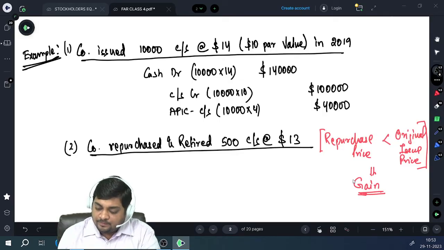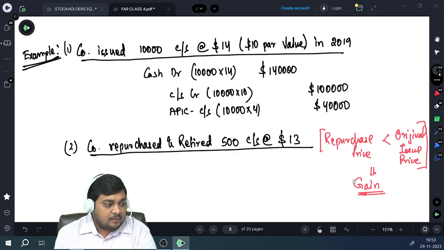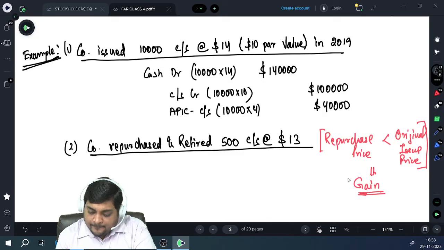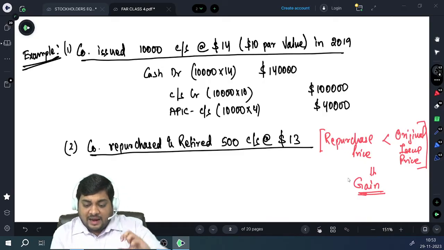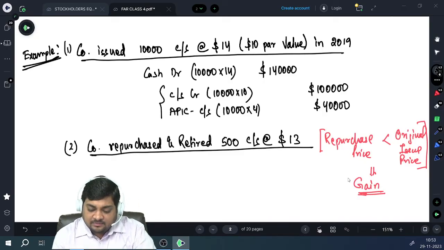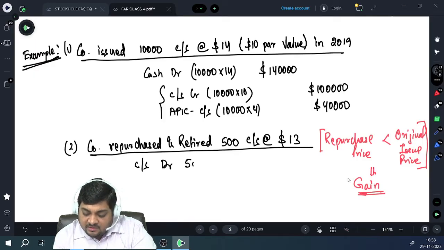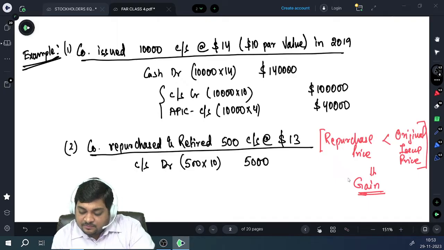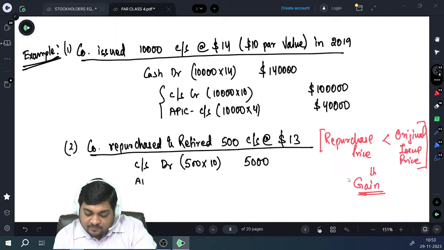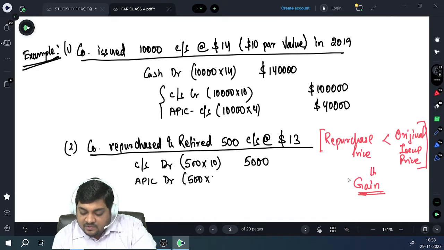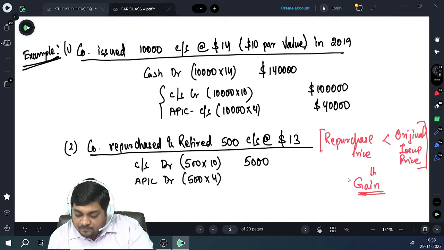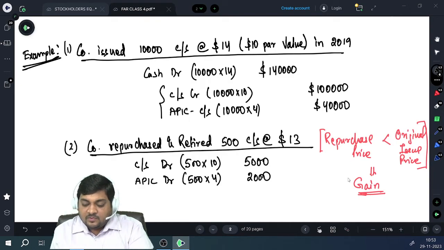So now, at the time of issue you credited it, now you are going to debit it. So common stock debit 500 into 10, which is the par value. Additional paid in capital debit 500 into 4, right?